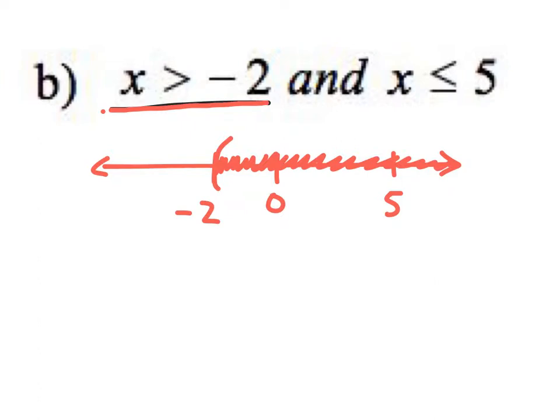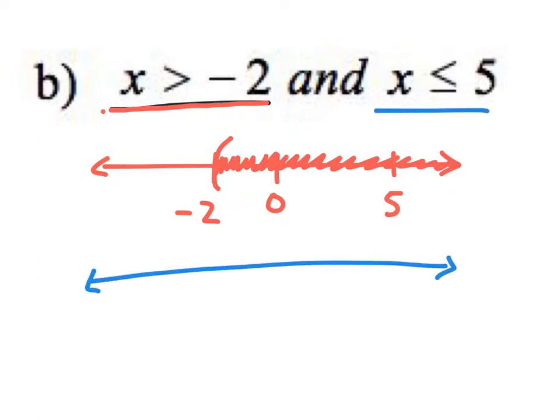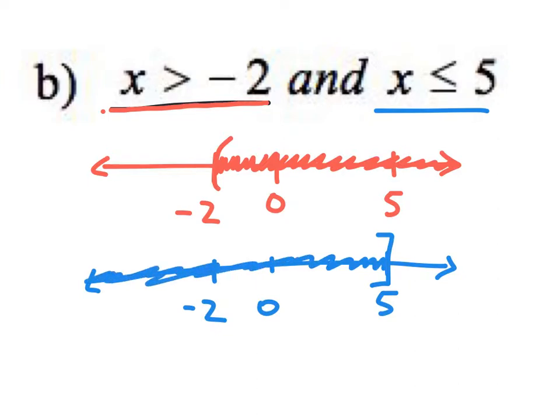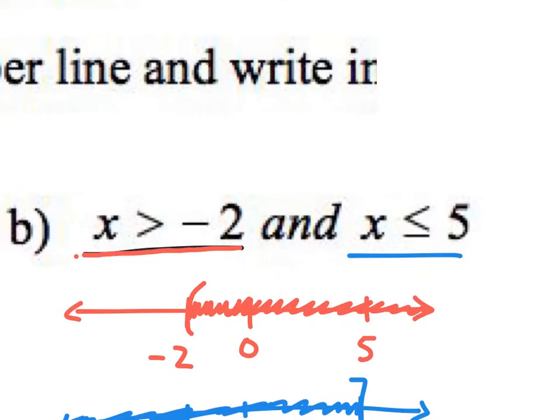Now I'm going to do this other one in blue. I'm going to put my 0 in the same spot, -2 over here, and then a 5. X is less than or equal to 5, so I include 5. Because I'm using the word "and", this means intersection.